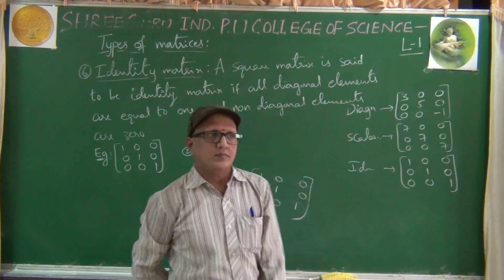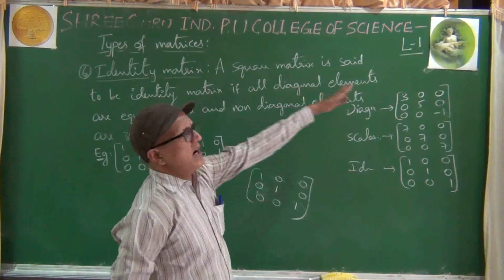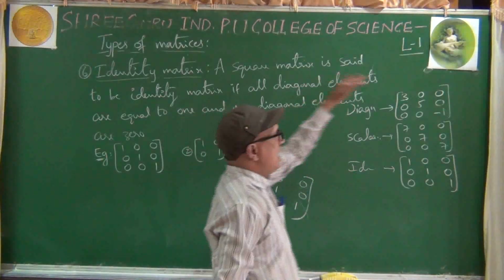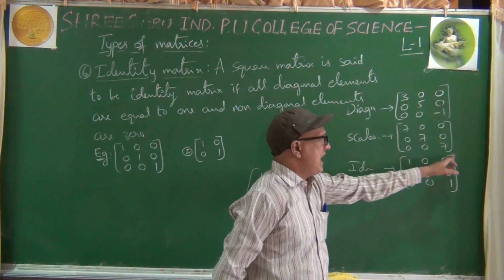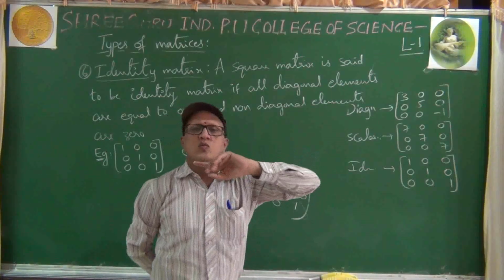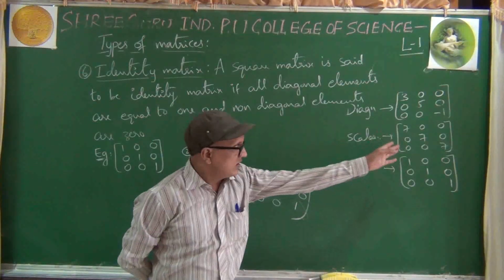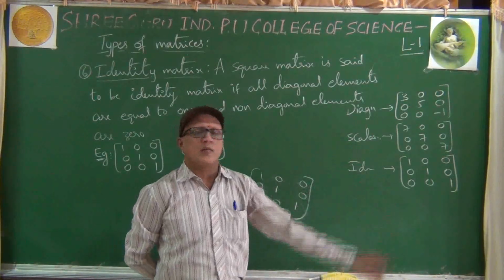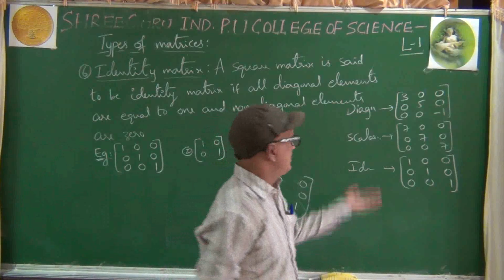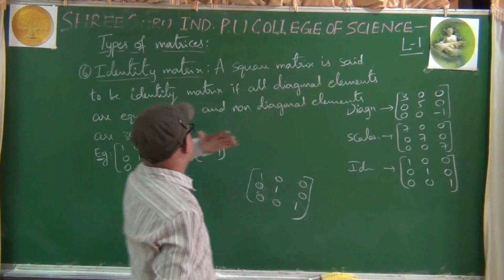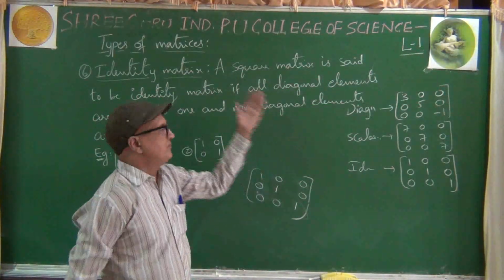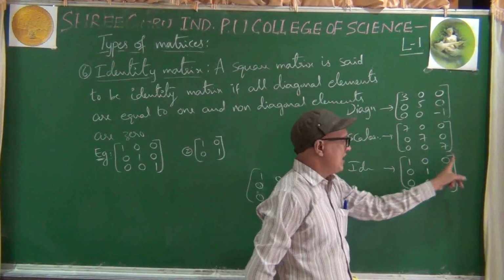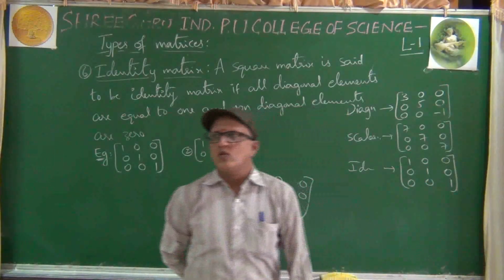Scalar matrix: a square matrix is said to be a scalar matrix if all non-diagonal elements are 0 and all the diagonal elements are equal. That is called a scalar matrix. Identity matrix: a square matrix is said to be an identity matrix if all diagonal elements are equal to 1 and the non-diagonal elements are 0.